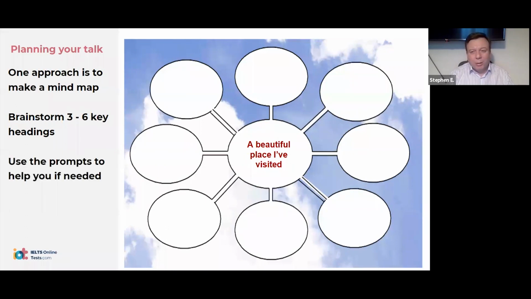Then you can use the prompts in the headings to help you if you need it, and put ideas and useful vocab for each one of those bullet points. So they're good things to practice. When you're practicing, try using a mind map.